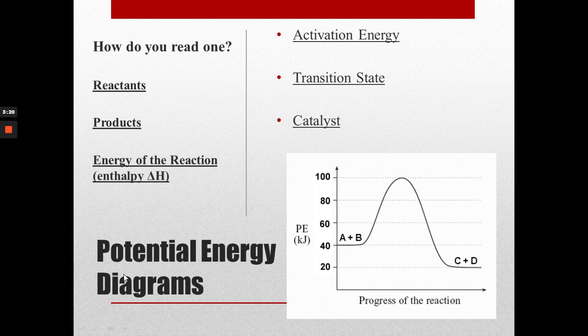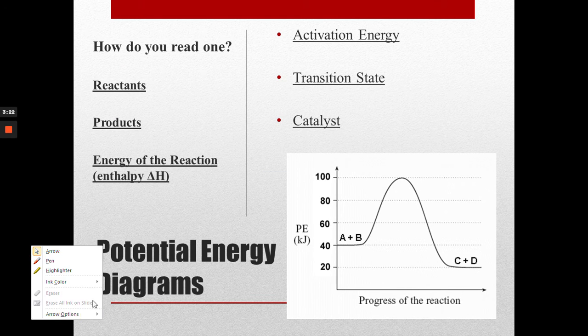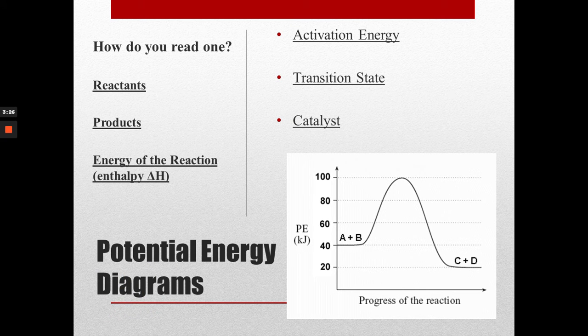Okay, so let's take a look at a big one. Here we go. That has all of these words in it at the same time. So how do you read one of these graphs? Well, remember that the reactants are always the starting point. Here our reactants are right here. Products are always what is made, so this is our ending point.